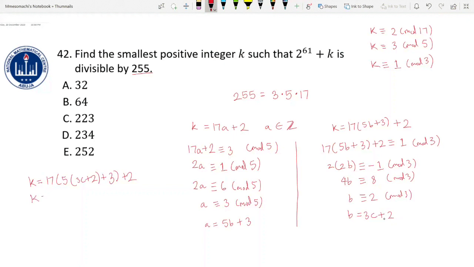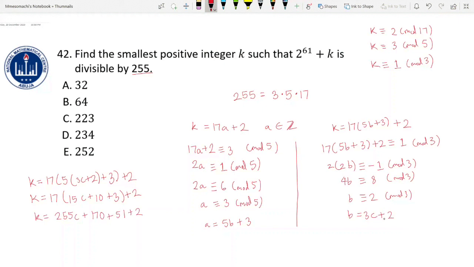So I have k equal to 17 into 15c plus 10 plus 3 plus 2, and this is k equal to 17 times 15, that is 255c, and 17 times 10, this is 170, 17 times 3, that's 51, and plus 2.